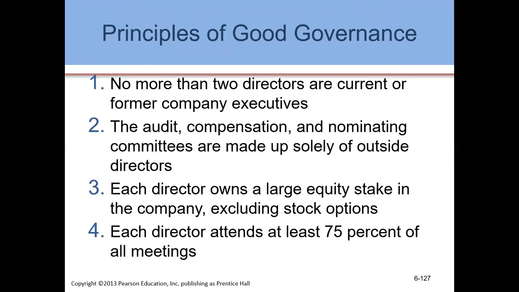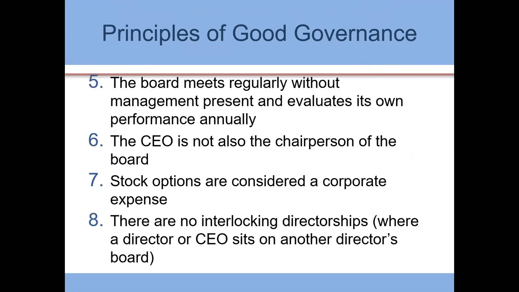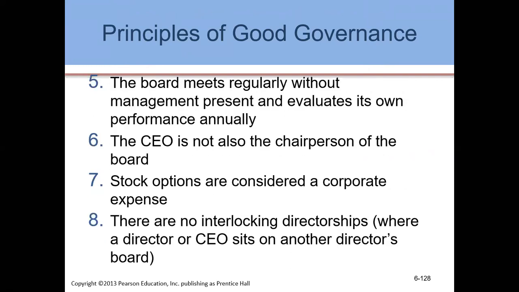Each director owns a large equity stake in the company, excluding stock options. Each director attends at least 75% of all meetings. The board meets regularly without management present and evaluates its own performance annually.